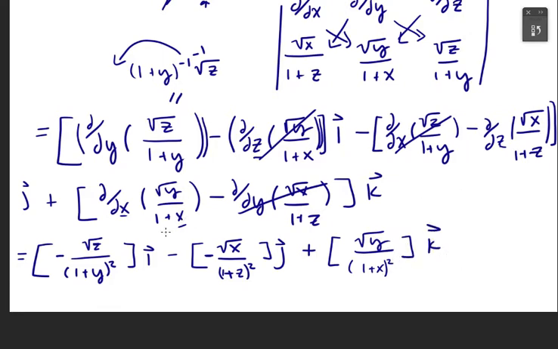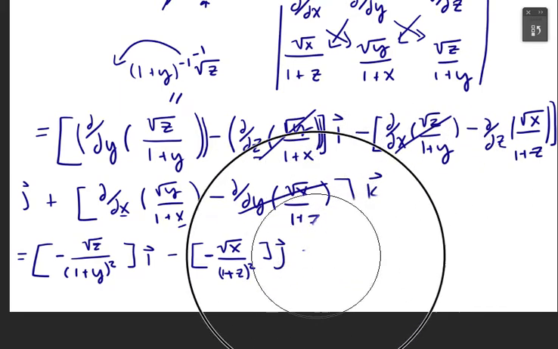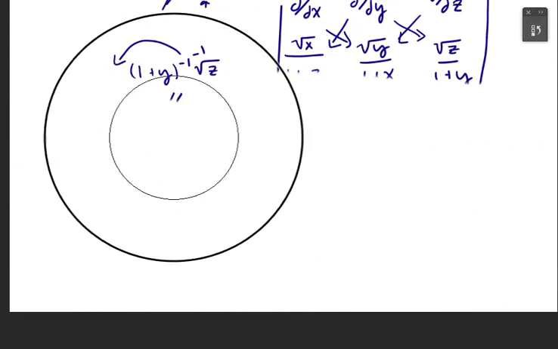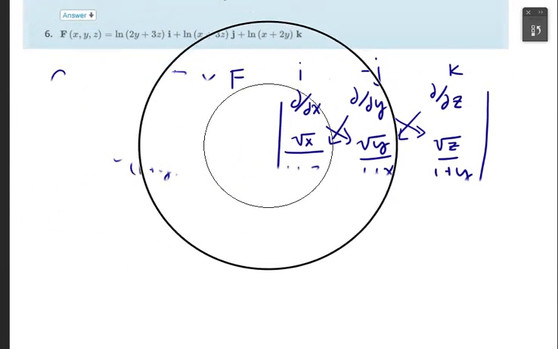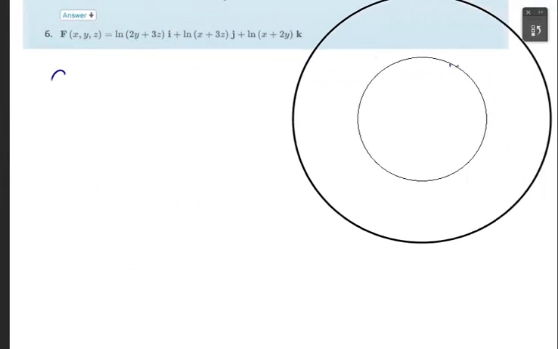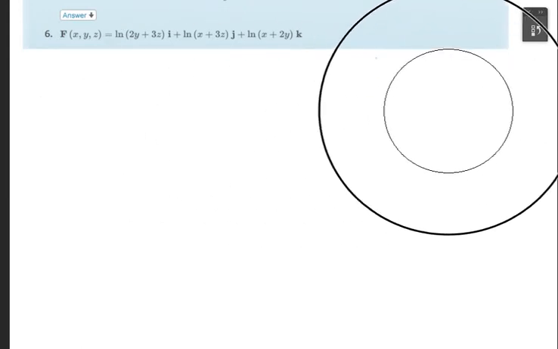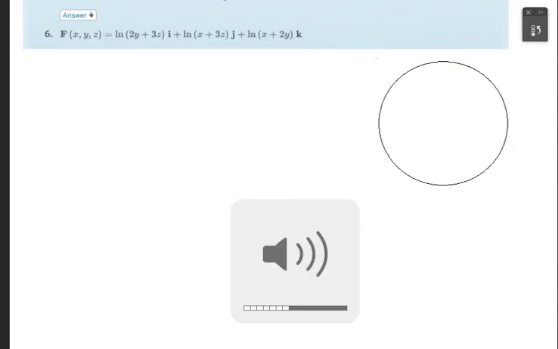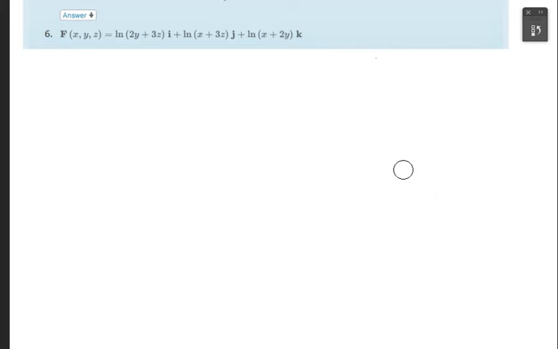And now we can do the divergence of the vector field. And so divergence of the vector field is easier and it's similar, so it can be tricky.